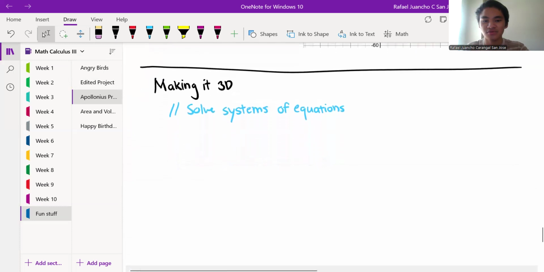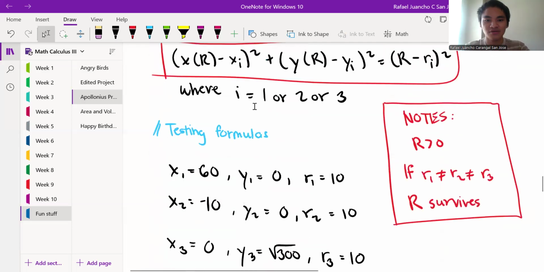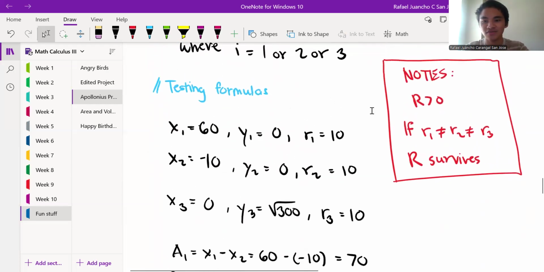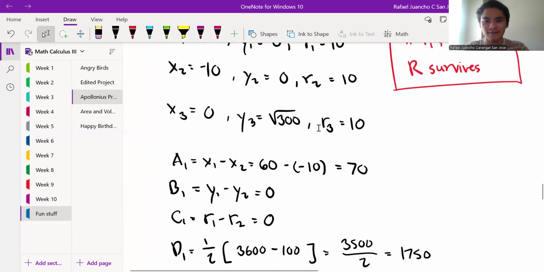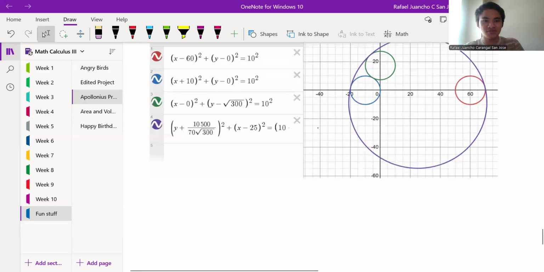Let's try another example before I start doing 3D. My other example would be something where the radii are not equal, so that this r survives. We'll see what happens.